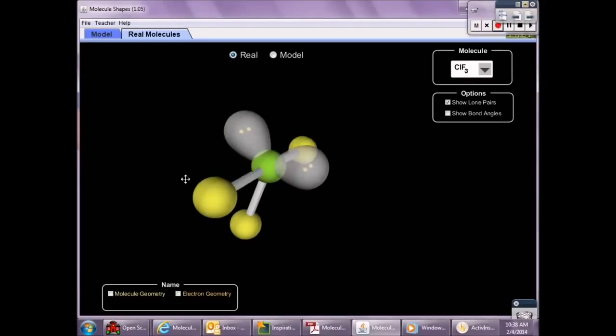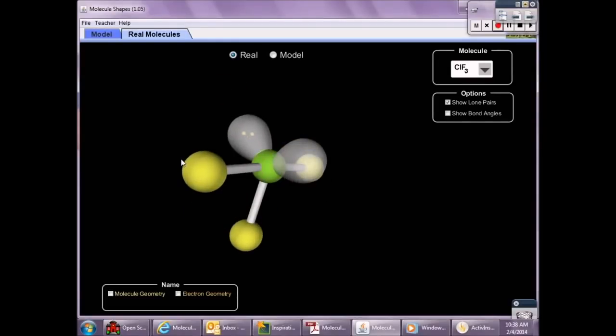AB3E2. What is the electron domain geometry? It is trigonal bipyramidal. You still have 5 things around it. If I take the lone pairs off, it will be easier to come up with the shape.